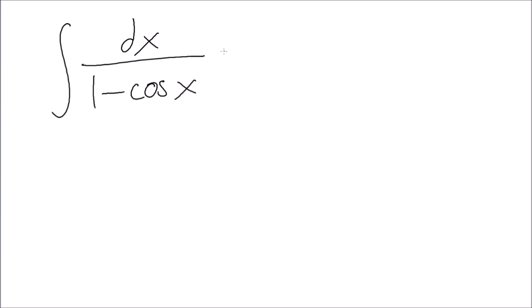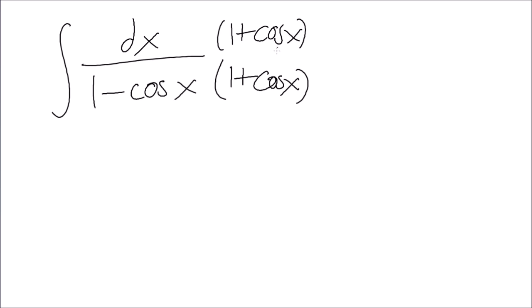In trig conjugation, I'm going to conjugate this with 1 plus cosine of x. Why, you ask? Because 1 minus cosine x times 1 plus cosine x is equal to 1 minus cosine square, and that equals sine square. So that helps simplify a lot better.